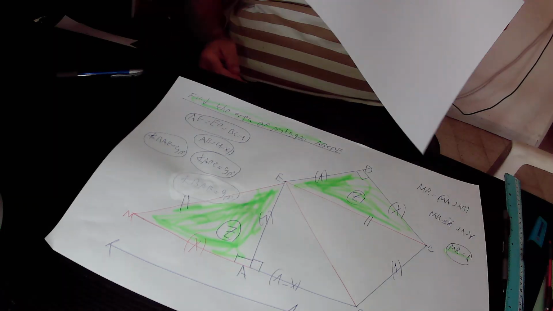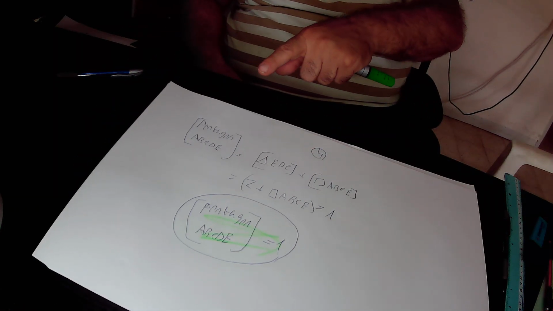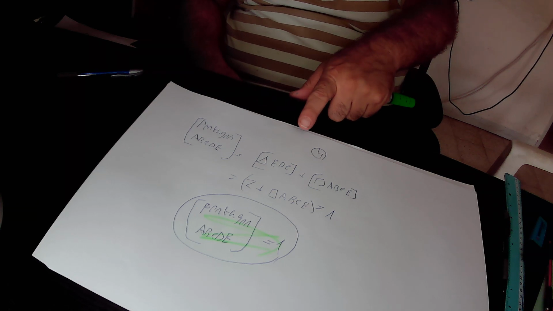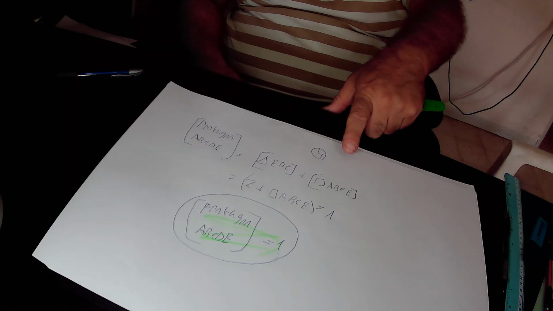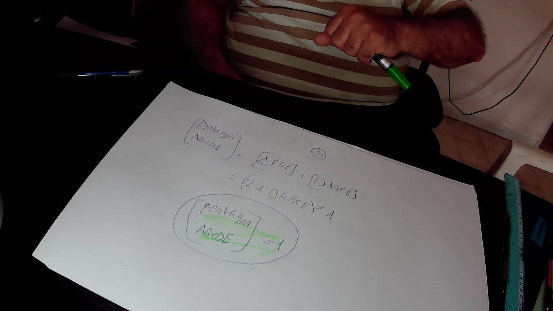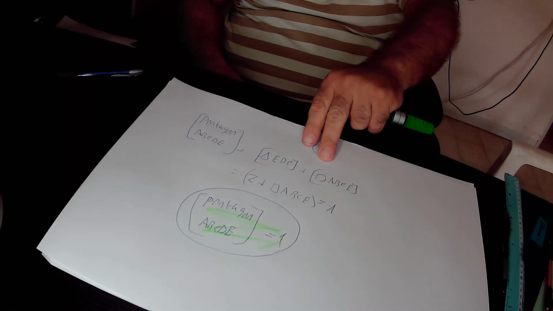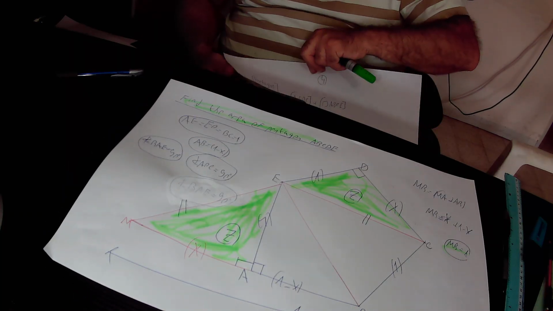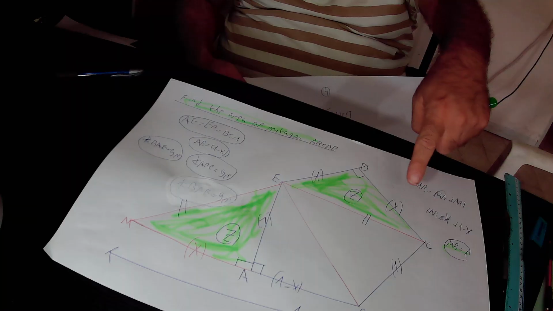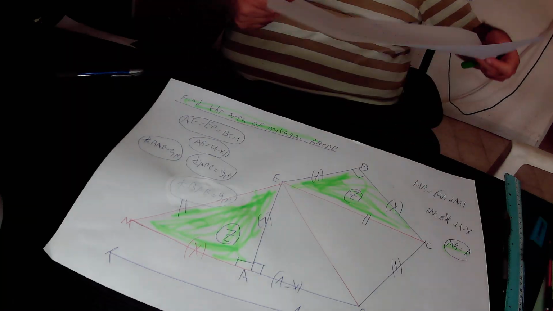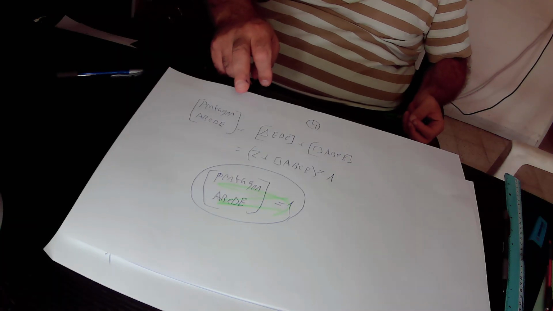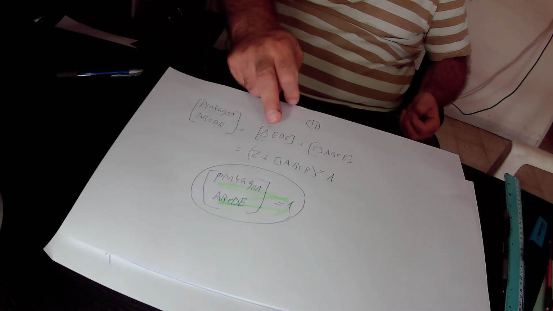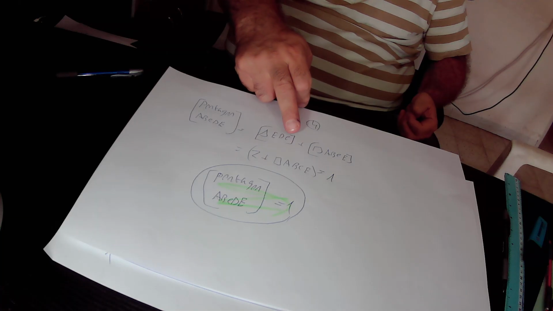That is to say, the area of the big pentagon ABCDE must be equal to the area of the green right triangle EDC plus the area of quadrilateral ABCE. But according to our definition, the area of the green triangle EDC is Z. So we can substitute the area of triangle EDC by Z. So in total we get that the area of pentagon ABCDE equals Z plus the area of quadrilateral ABCE.